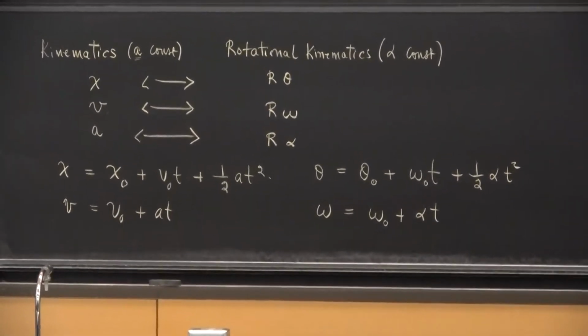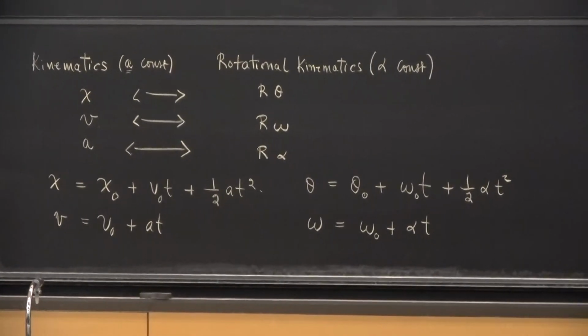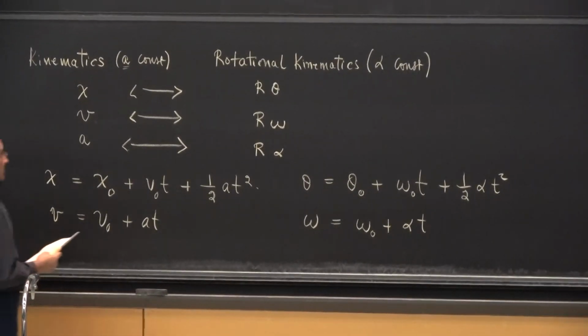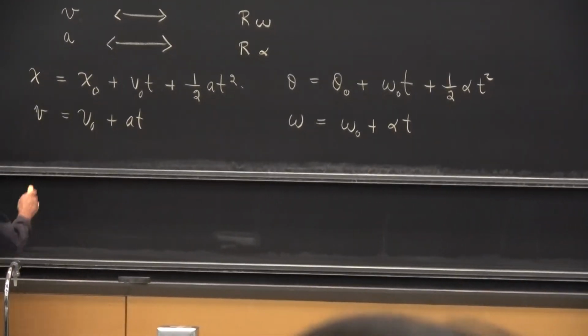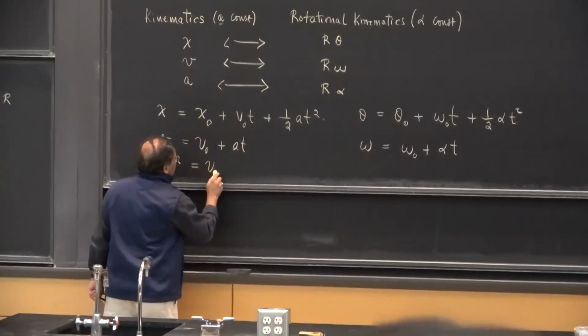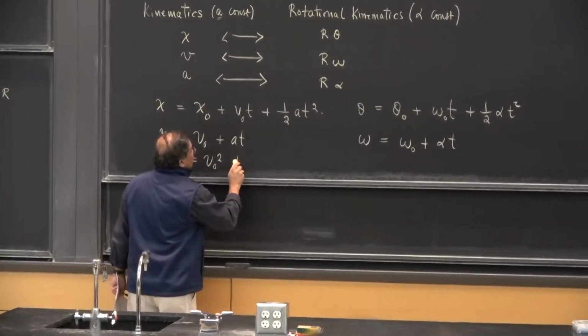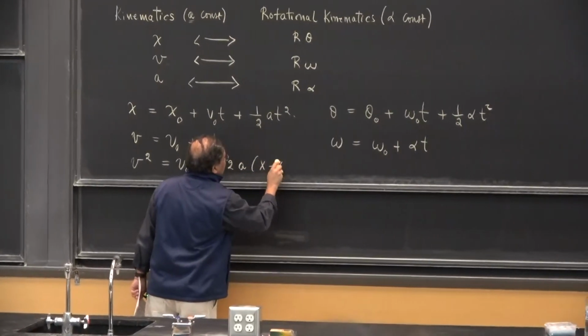You get the picture. I don't have to do anything, I just have to make sure that I attach the right equations with the right quantities. We know, for example, that v squared is v0 squared plus twice acceleration times x minus x naught.